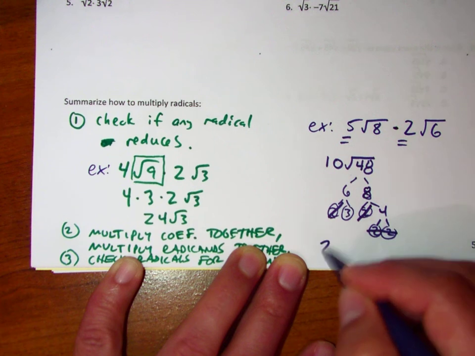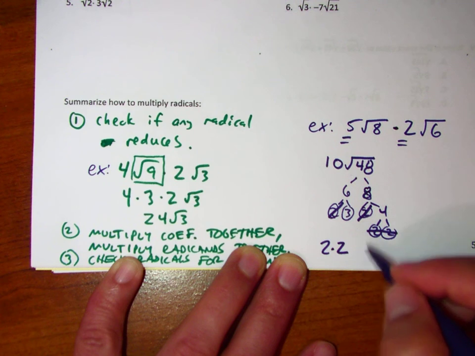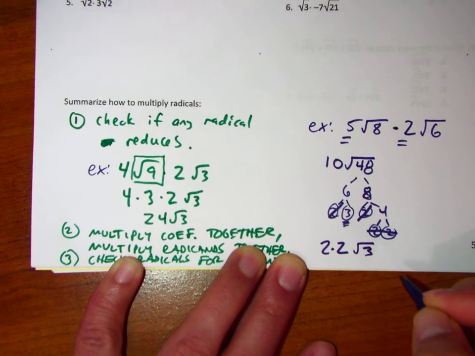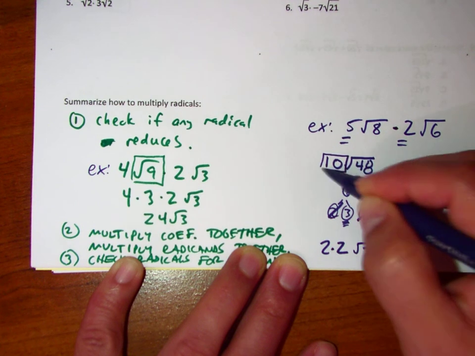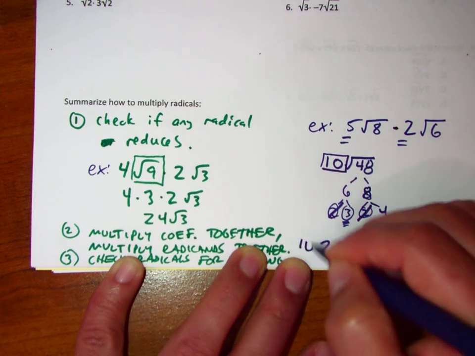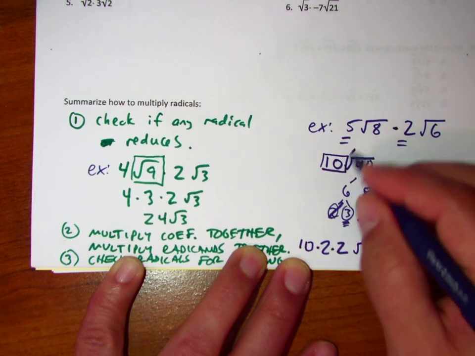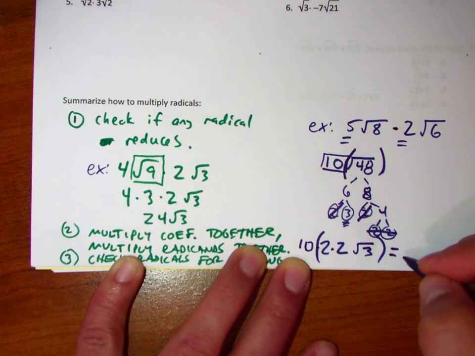So two 2's come out, and we have a 3 on the inside. Now don't forget, we still have the 10 in front of there as well. So the square root of 48 turns into this, and we still have the 10 in front, so the final answer will be 10 times 2, which is 20, times 2, which is 40, so 40 square root of 3.